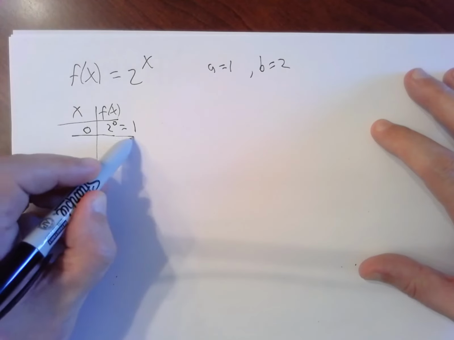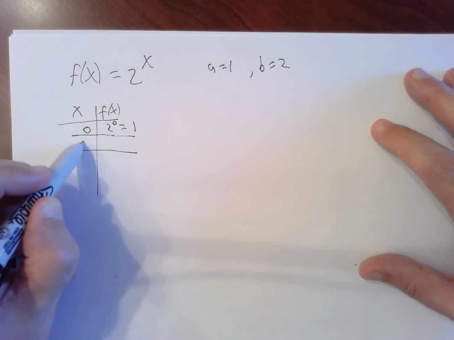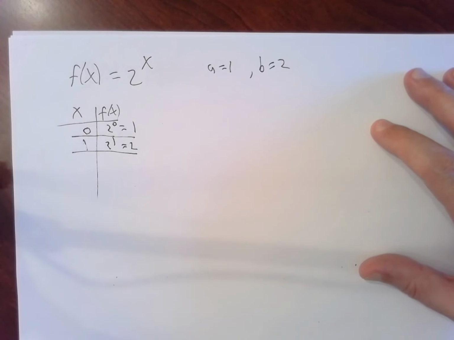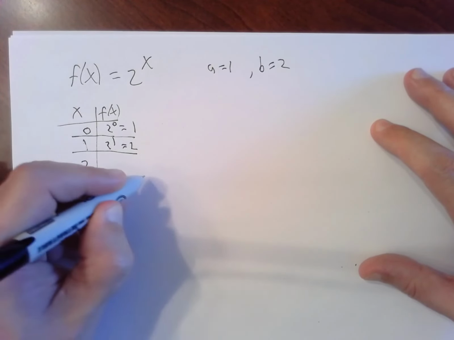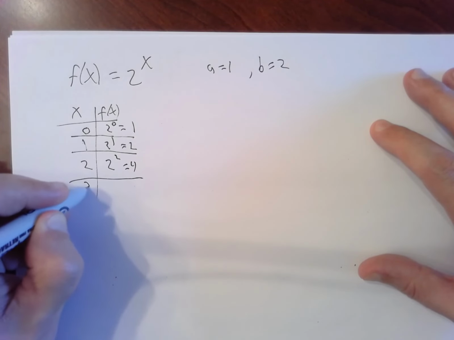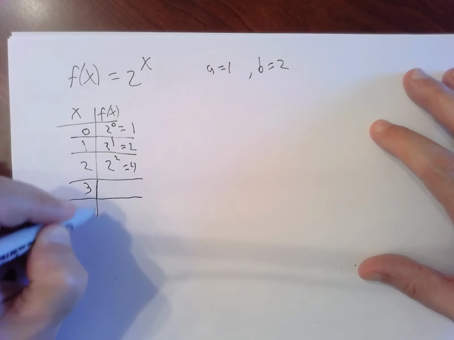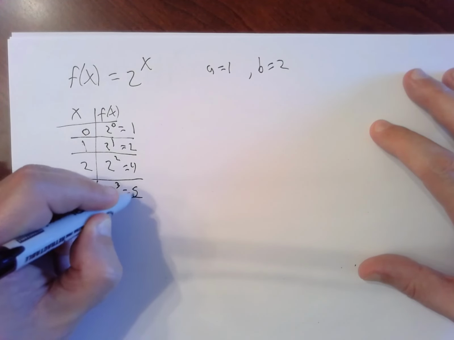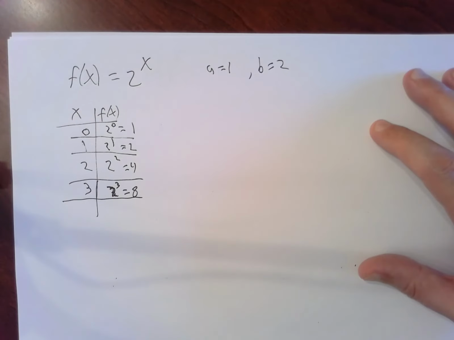How much are you starting with? If I plug in a 1, 2 to the first is 2. If I plug in a 2, 2 squared is 4. If I plug in a 3, 2 to the third is 8.